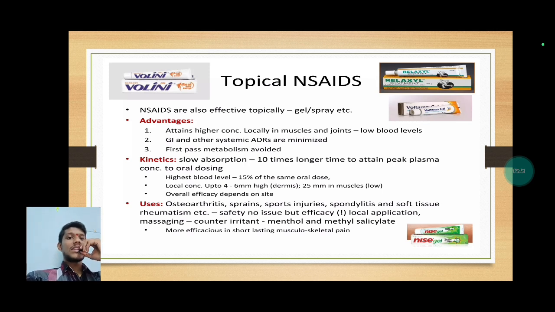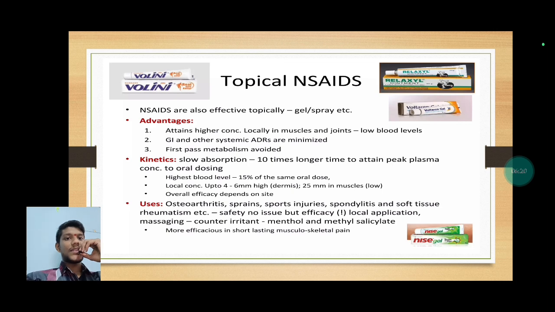So kinetics: it is slow absorption, that is 10 times longer to attain the peak plasma concentration compared to oral dosing. Blood level is 15% of the same oral dose. Local concentration up to 4 to 6 mm high and 25 mm in muscles.